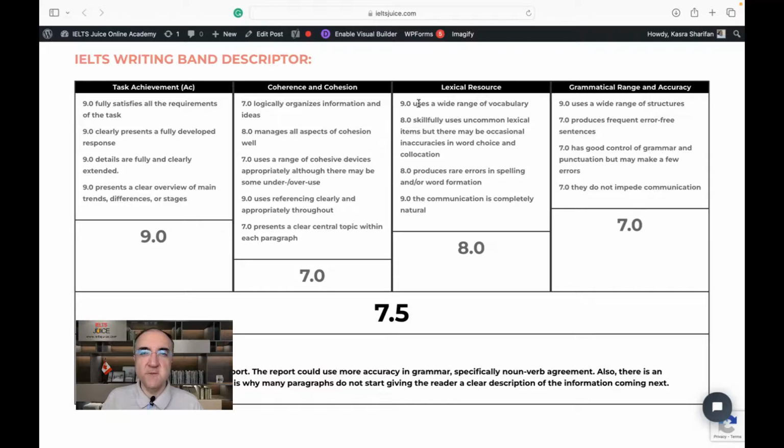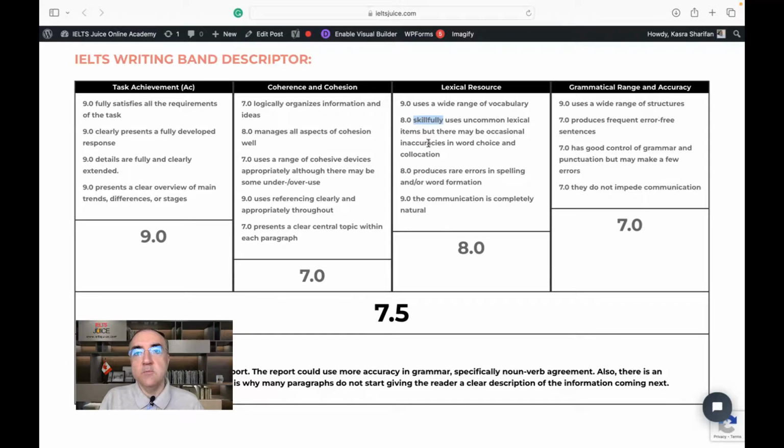So in 150 words, when you write maybe 5 uncommon words, that is very significant to the assessor. Whereas if it is a task 2 and you only have 5 uncommon words, maybe it's not that effective. It doesn't add to the variety here.